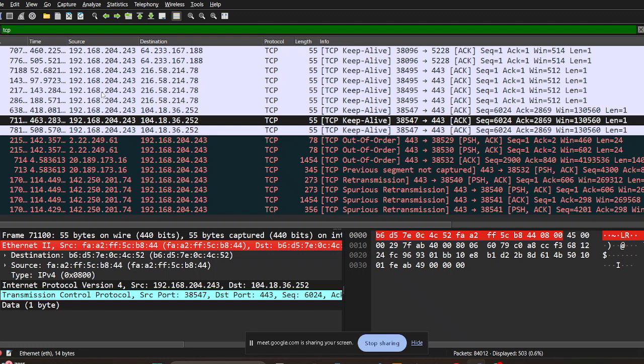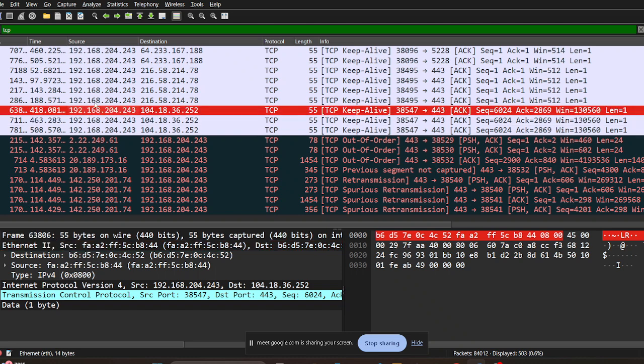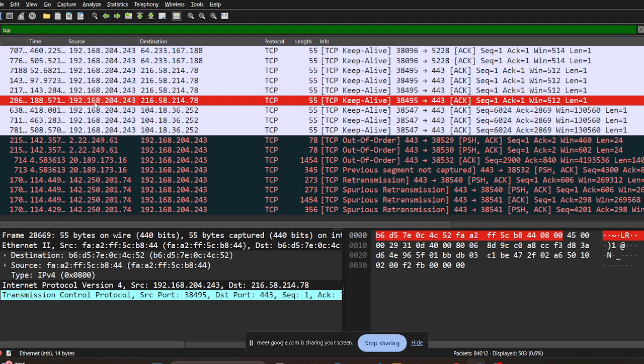Then instead of dots as in IPv4, this one usually uses colons, and then the number of bits is also different.